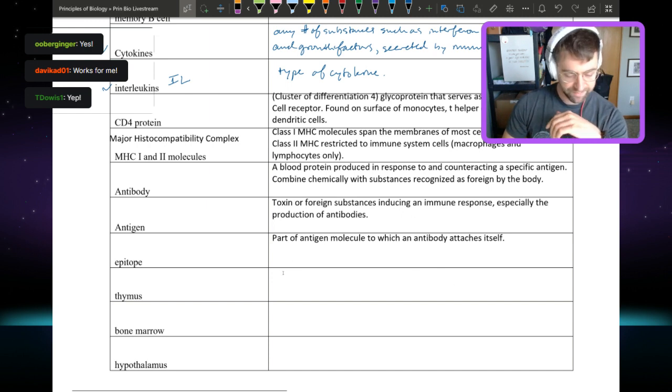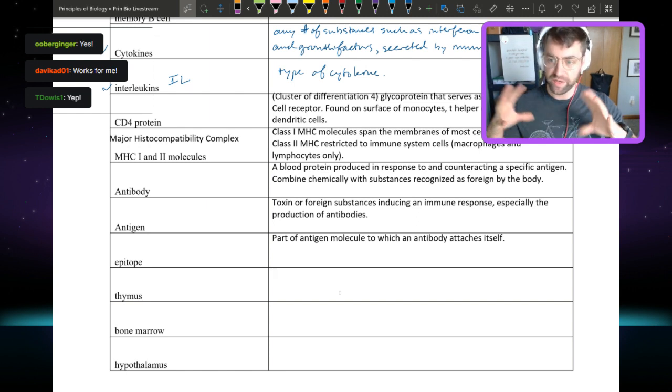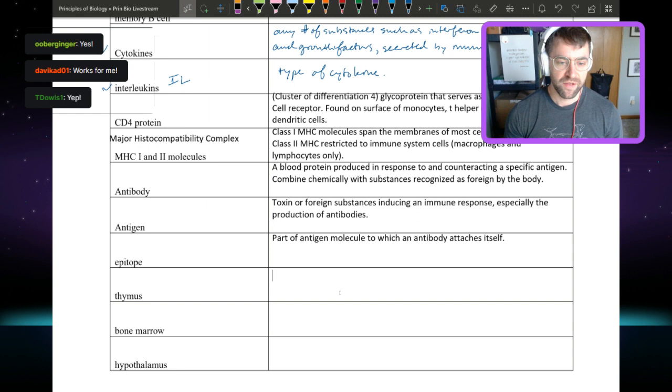All right, the thymus. The thymus is a specialized primary lymphoid organ of the immune system. Within the thymus, thymus cell lymphocytes, or T cells, that's where the T comes from, mature.